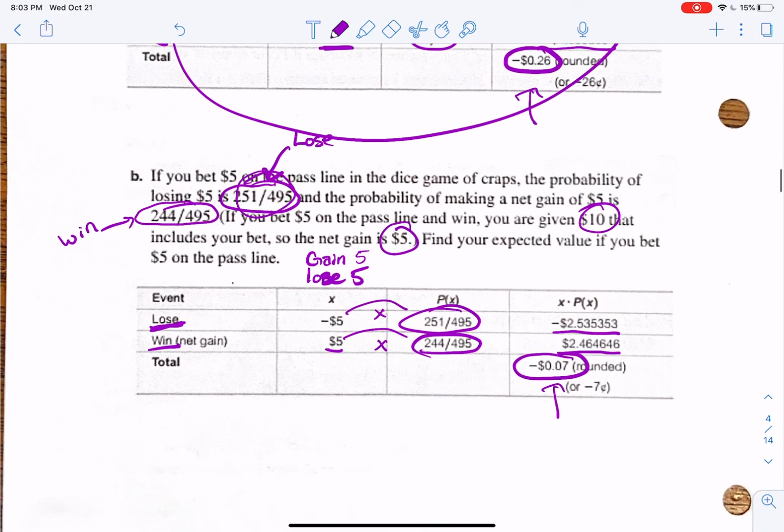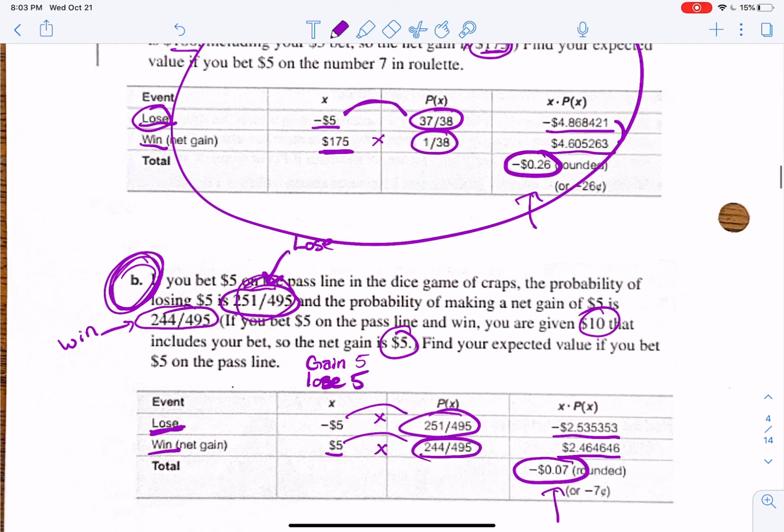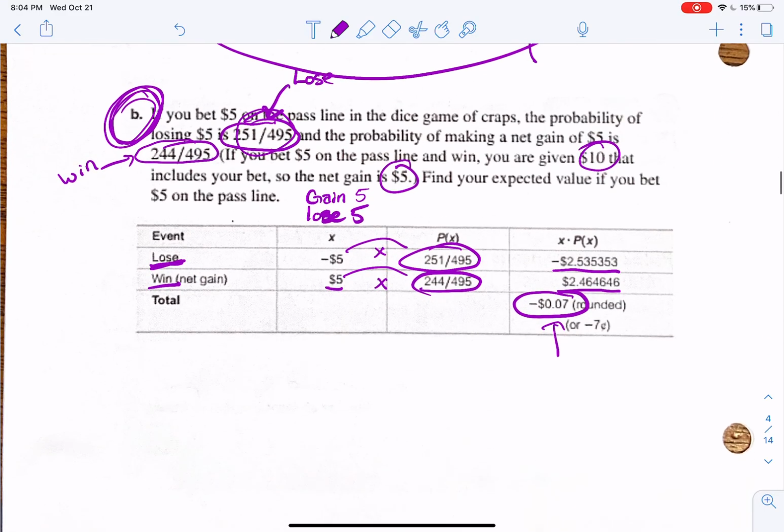But on average, the game of craps is going to lose you less money overall. Both of them are going to lose money on average, always. If you keep playing the game, it's going to average out to be 26 cents lost versus 7 cents lost every single time. But if you want to lose less, you're going to play the game of craps, okay?